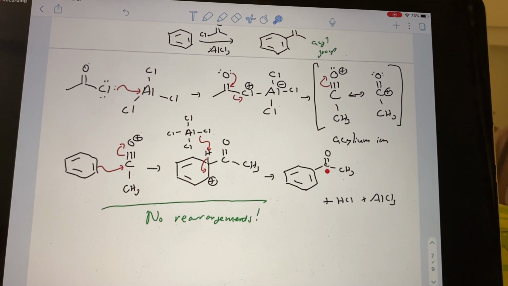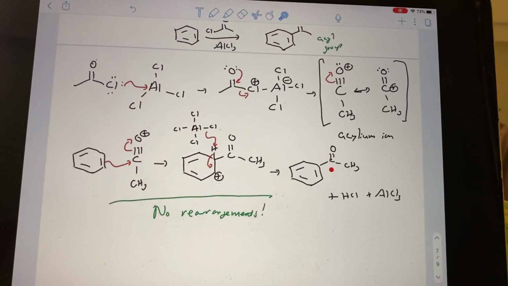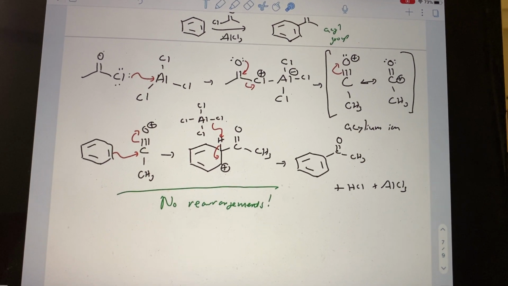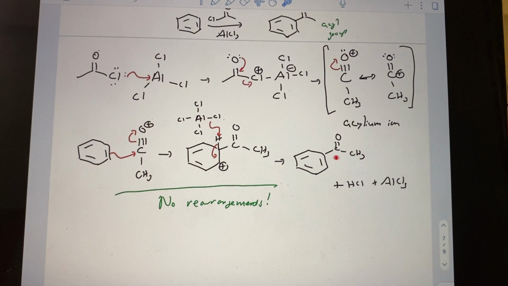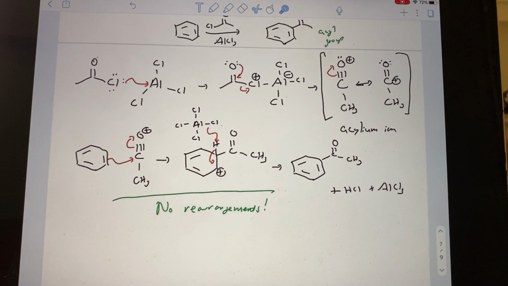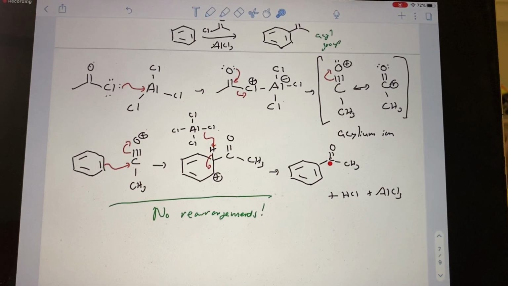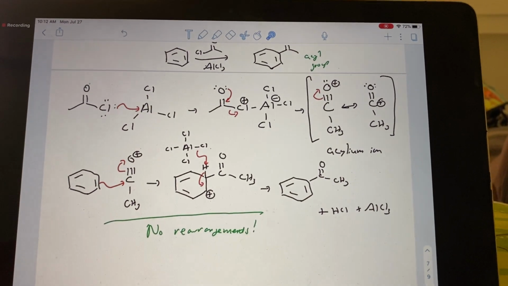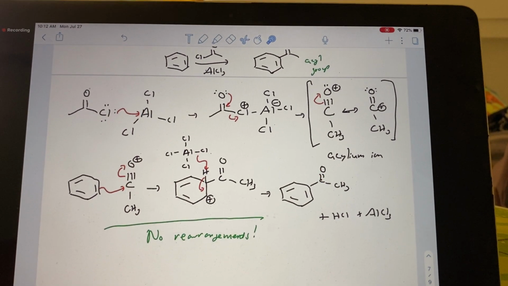So there are ways that we can introduce the acyl group and then get rid of this carbonyl group. So back to Ava's question earlier, that was the yes or no part of it, is that a lot of times one can introduce an acyl group first because it doesn't have rearrangements, and then you get rid of the carbonyl group using the reactions that we've discussed.